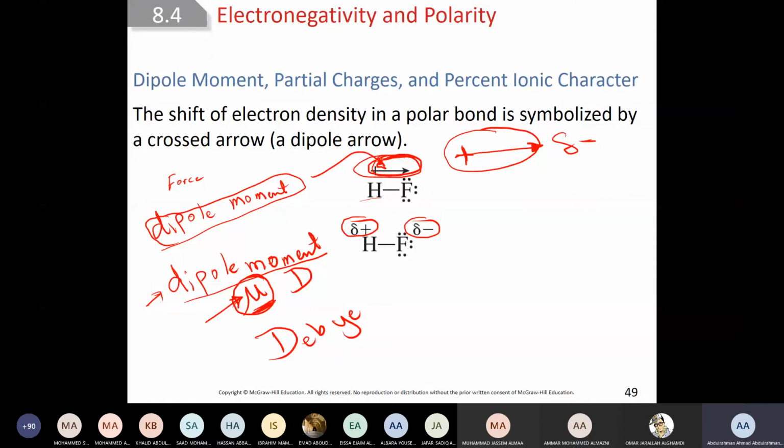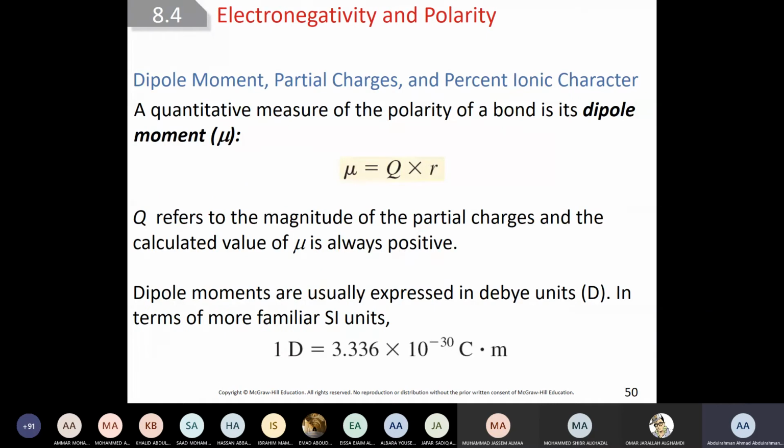Is this arrow for this force? Okay, what's this letter D? Unit of the dipole moment. The unit that we use for the dipole moment, and it is called debye. Clear? Very good.